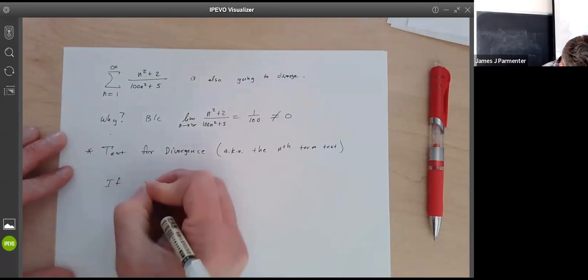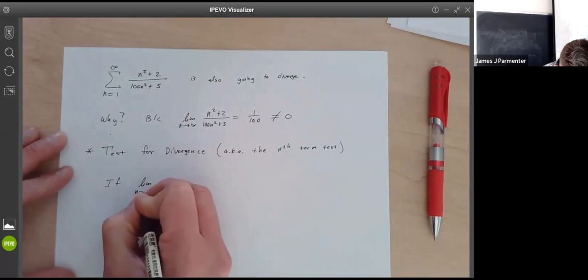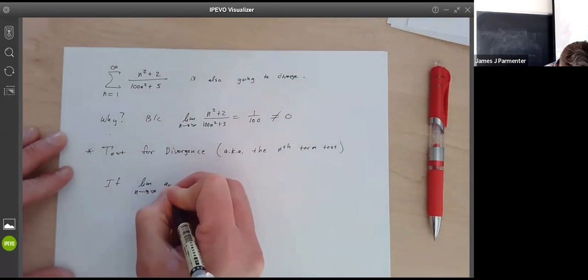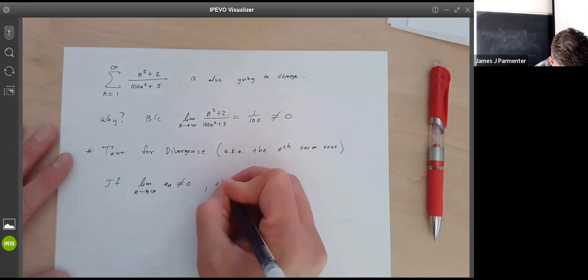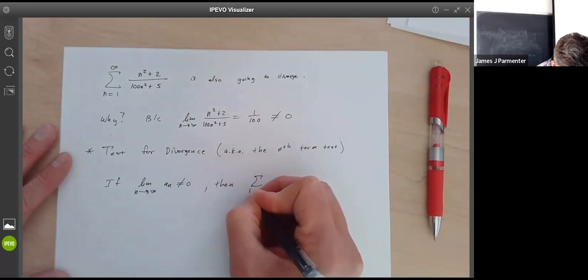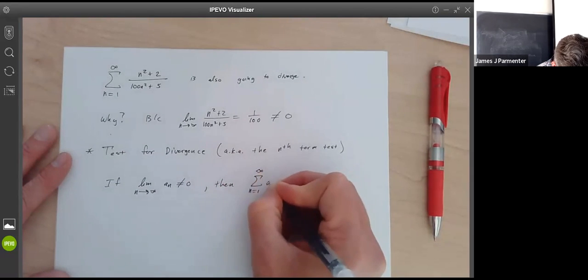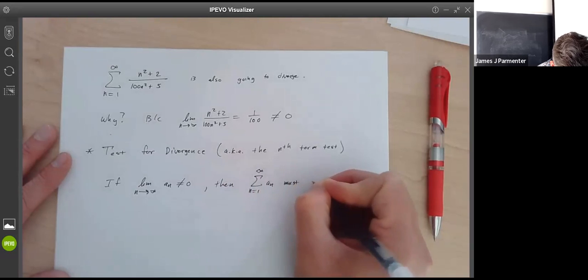So if the limit of your sequence is not 0, then the infinite series must diverge.